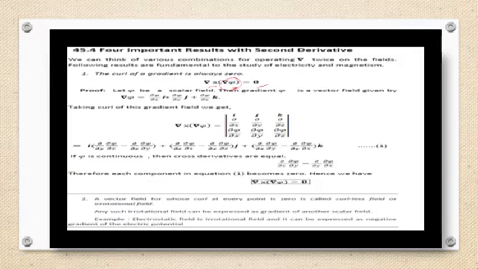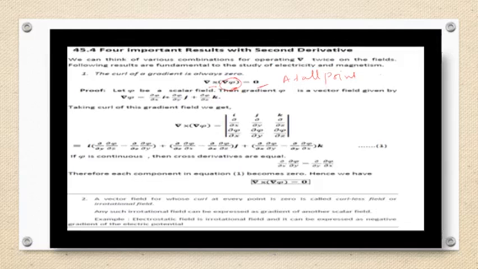That means at all points, if you take curl of a gradient for any scalar field, that will be 0. In another word, gradient of any scalar field is irrotational or curlless.